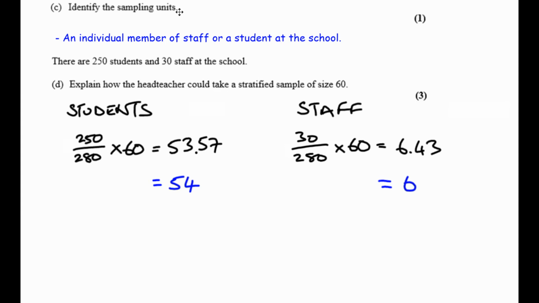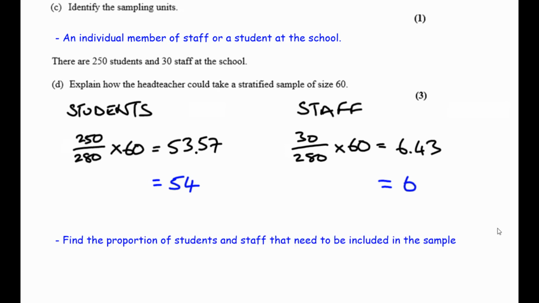We're asked to explain how the head teacher is going to take the stratified sample, so let's just go through the steps. So first we want to find the proportion of students and staff that need to be included in the sample. Now that we know those proportions, we should go ahead and take a simple random sample of the students to select 54 of them.